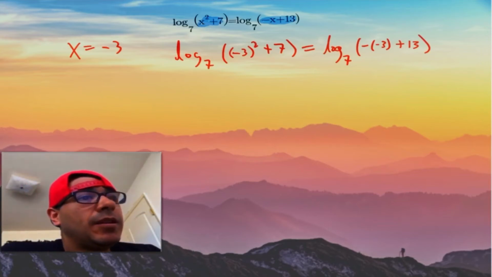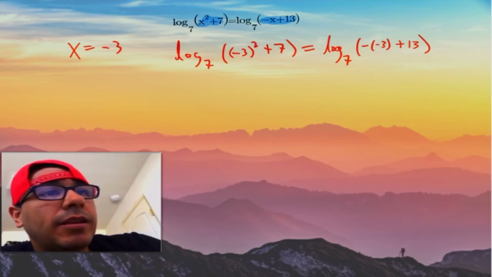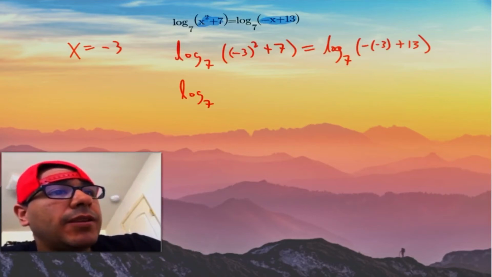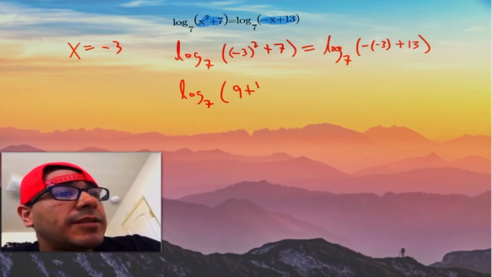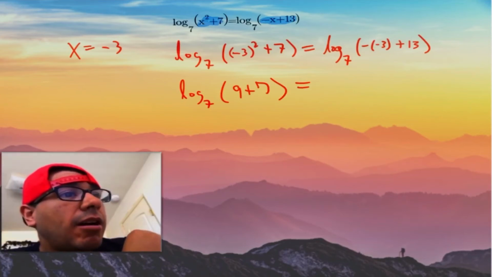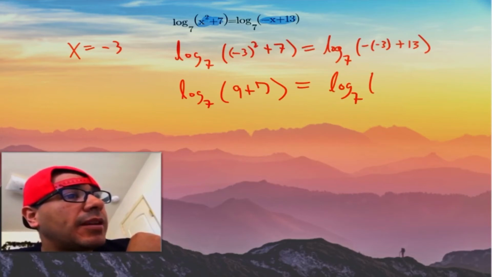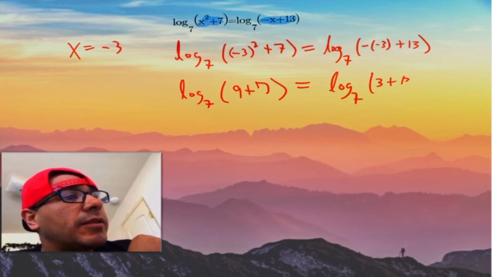Let's evaluate each side. So we end up with log base 7 of 9 plus 7. That's what we have on our left-hand side. And on our right-hand side, we have log base 7 of +3 plus 13.